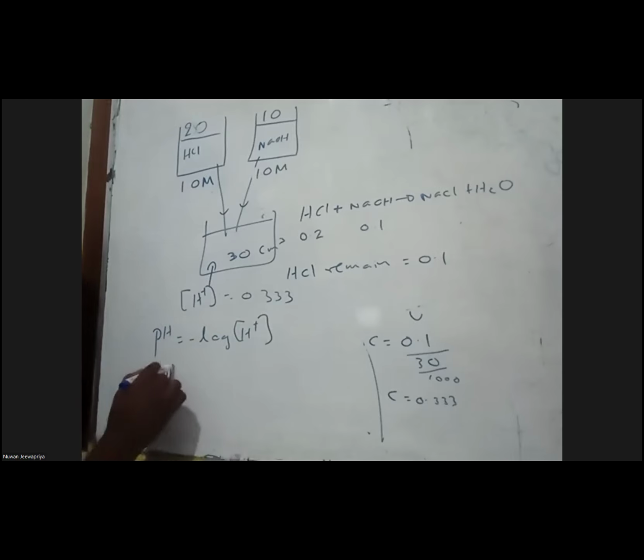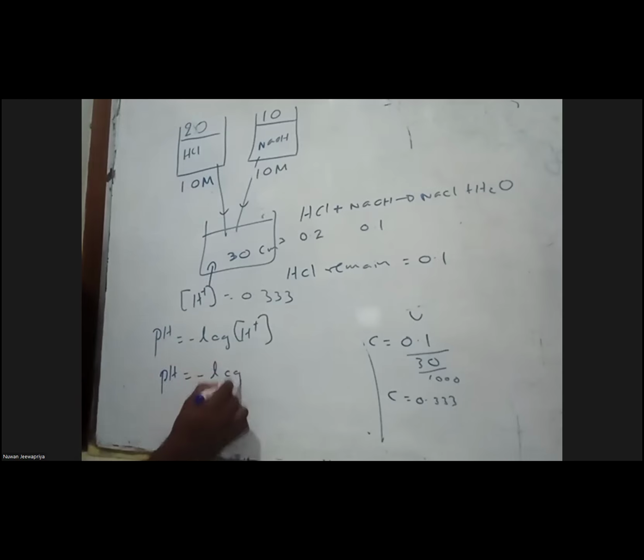So pH is equal to minus log 0.333, and the pH is 0.48. So C is the answer. So that is how we solve that problem.